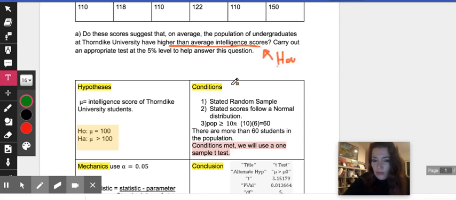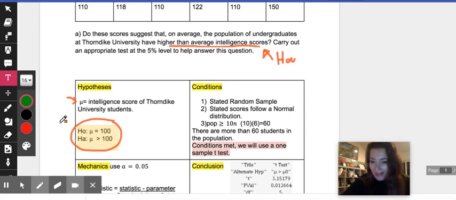I want to know for alternative if it is greater than 100. So here is our hypothesis statement. Now, it's important to define our population, and it is defined right here. I wrote it as mu is equal to the intelligence scores of Thorndike University students.